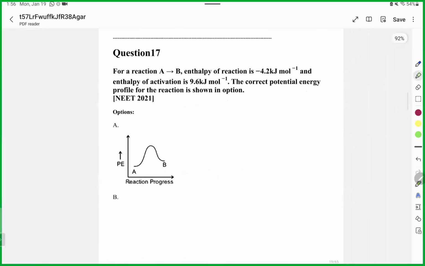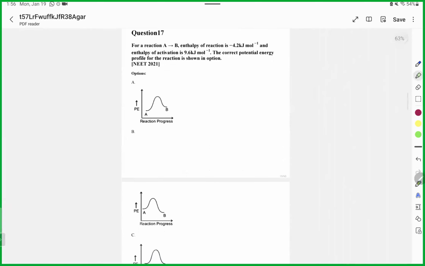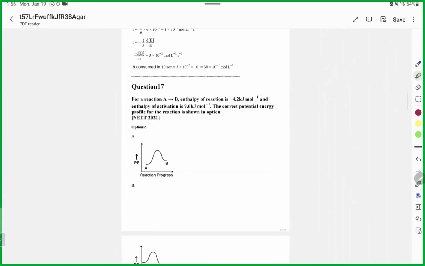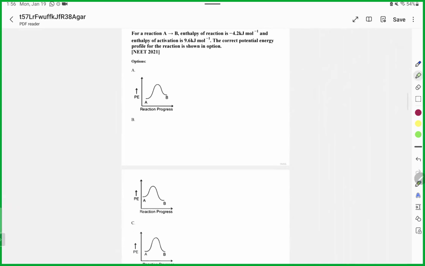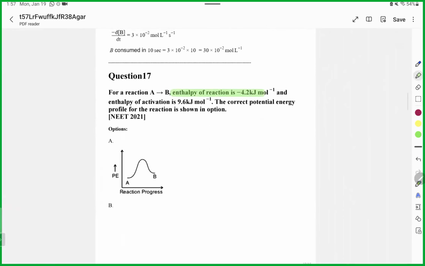Yes, Barinder, this question. Enthalpy of reaction is this. Activation energy this. What is the potential energy profile in this case?